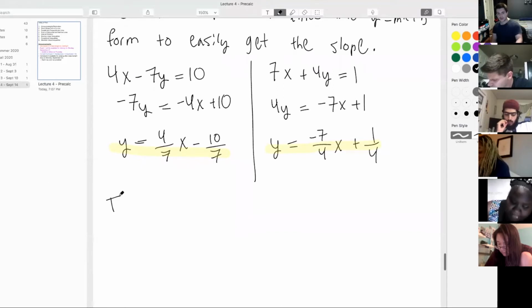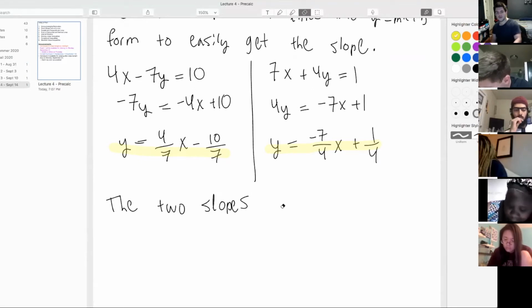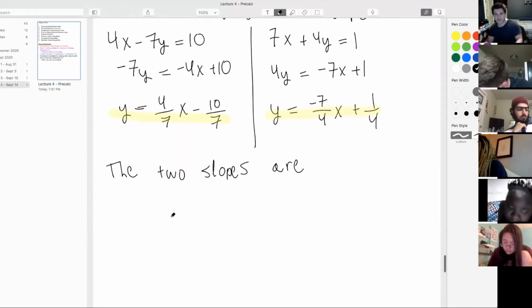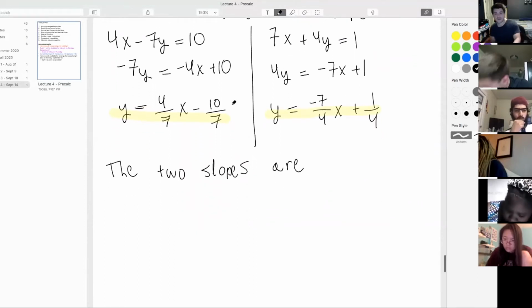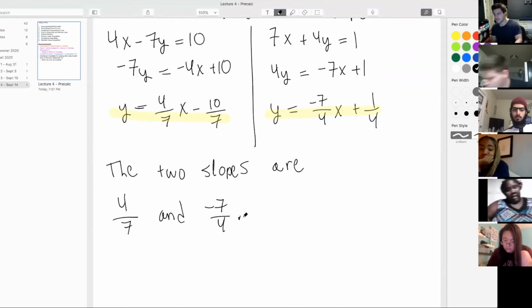The two slopes are now easily readable. So the two slopes are what? Remember, the slope is just the coefficient in front of x. So they are 4 over 7 and negative 7/4.